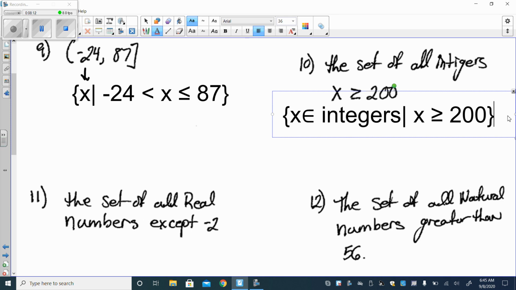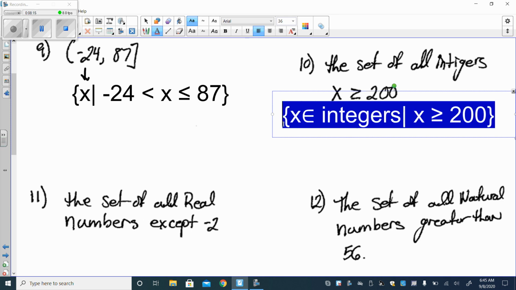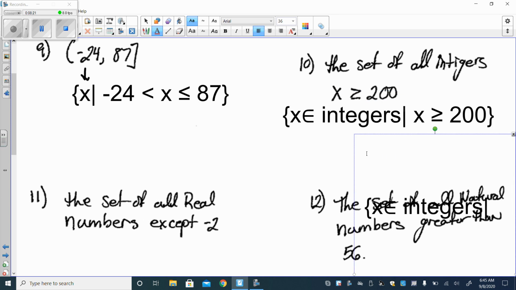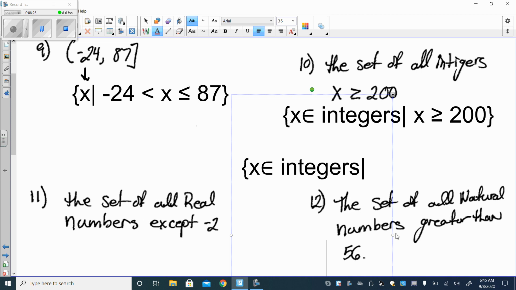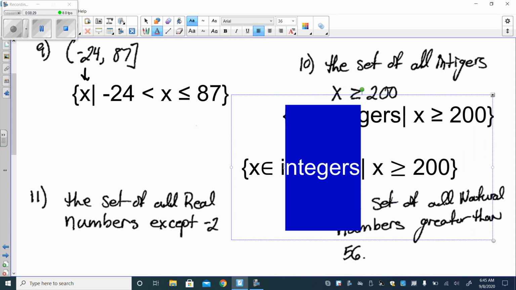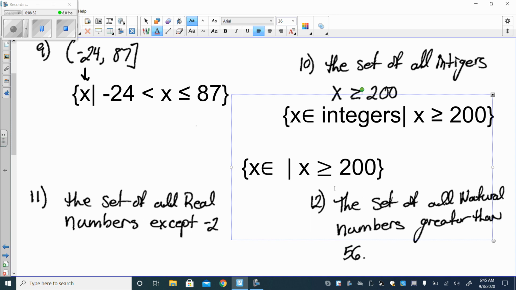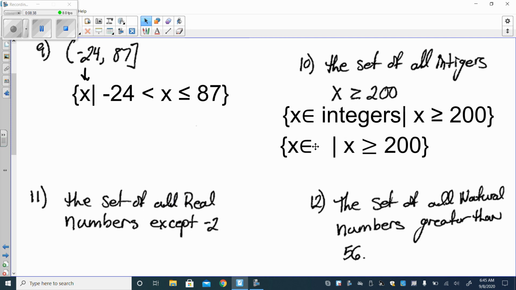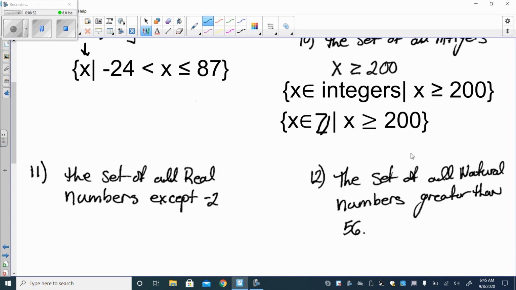Now instead of integers, we can have our Z, because if you remember back, Z with the two bars is another way that we say integer. We can do it in either one of these. Both of those count as the same thing.